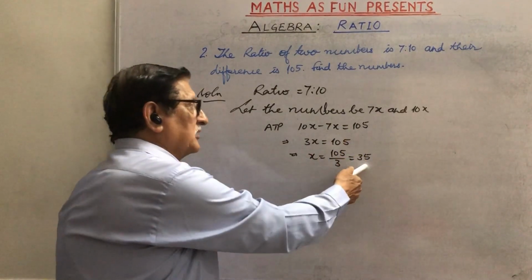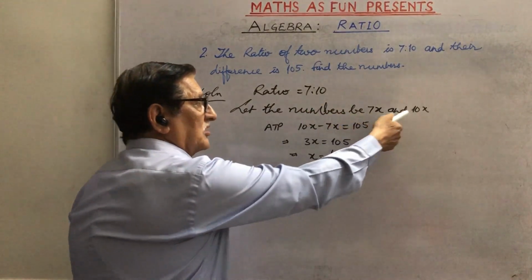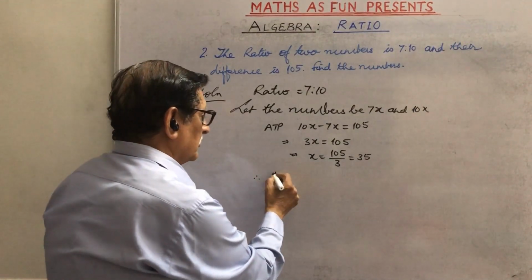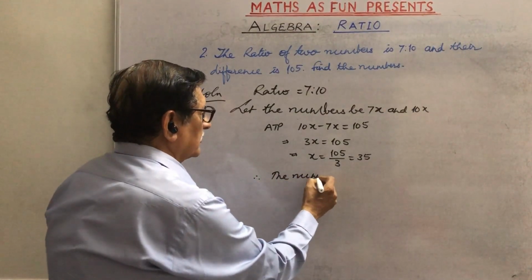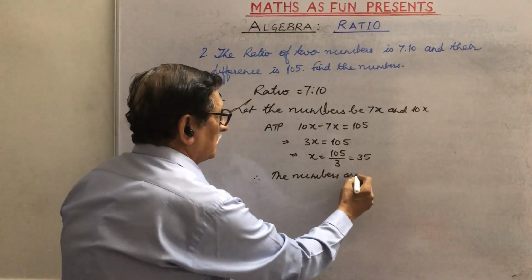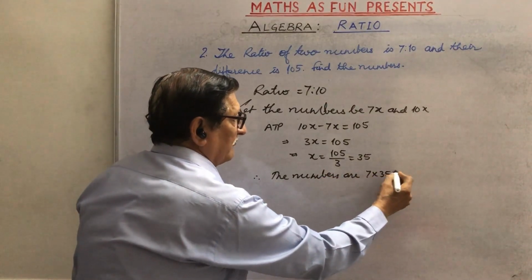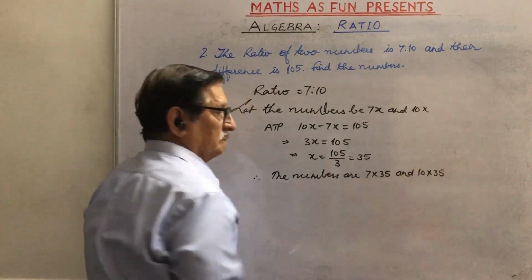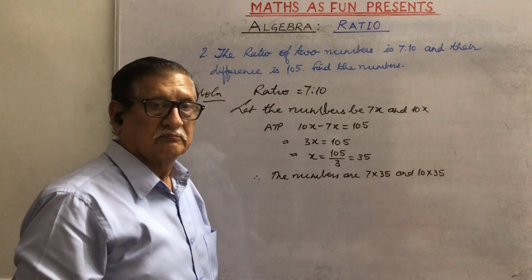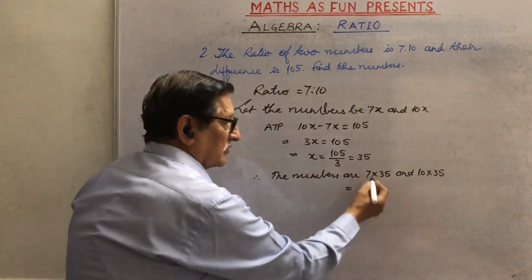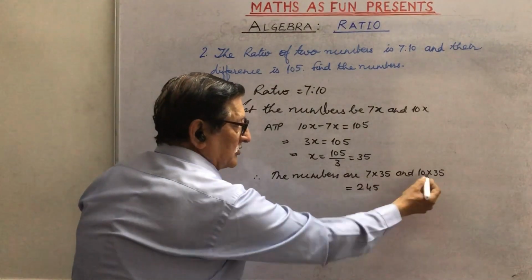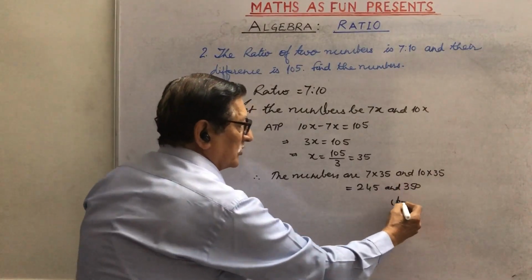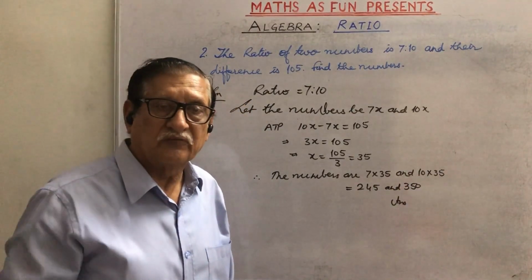Now we can multiply this 35 to both 7x and 10x to get the numbers. Therefore, the numbers are 7 into 35 and 10 into 35. We know this multiplied gives us 245 and this gives us 350. So the numbers are 245 and 350.